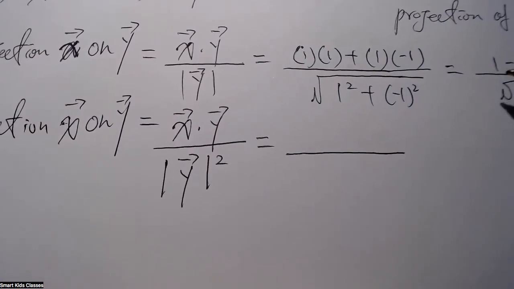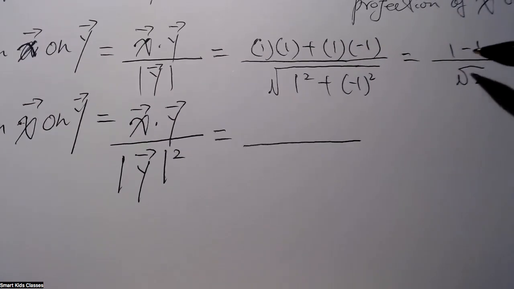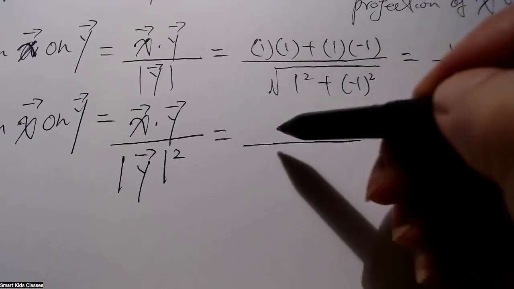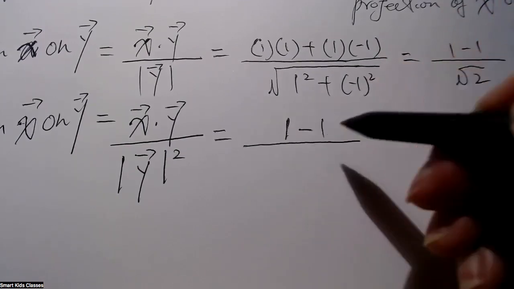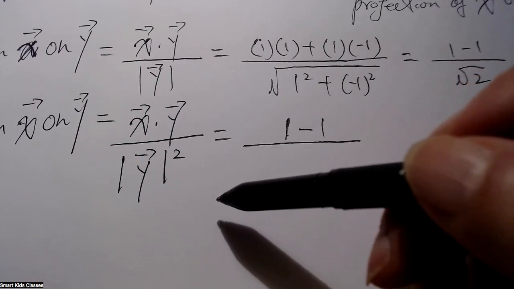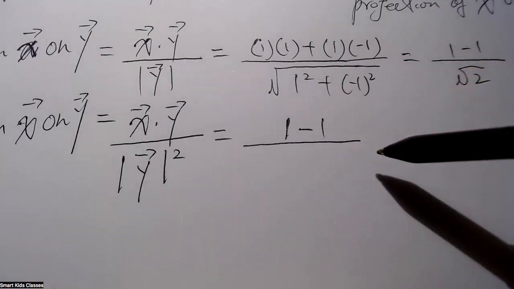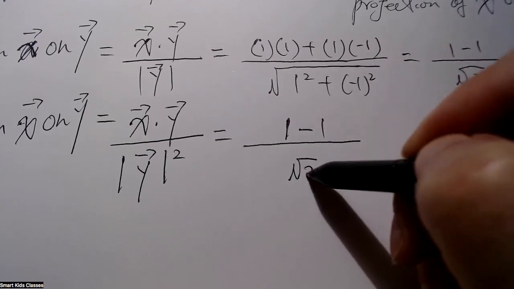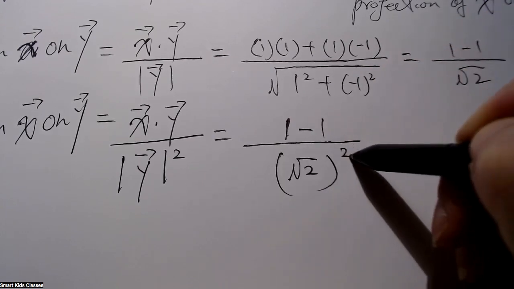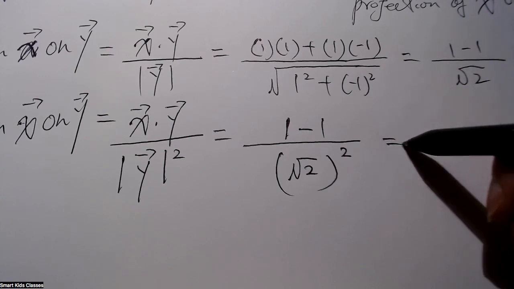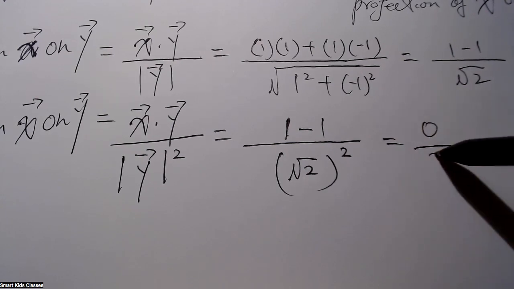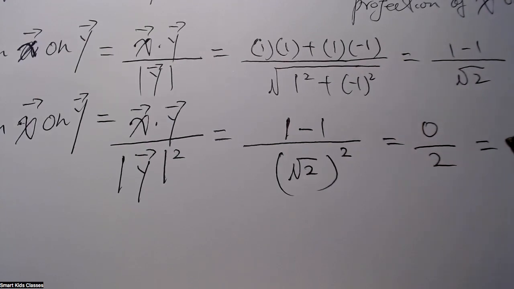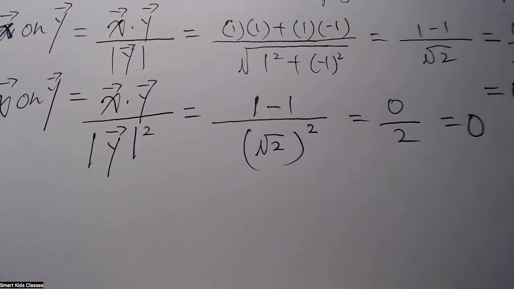Since we already did the dot product, it's 1 minus 1, and the magnitude is the square root of 2, squared. So it's 0 over 2, and the projection is equal to 0. Now we're going to do the next question.